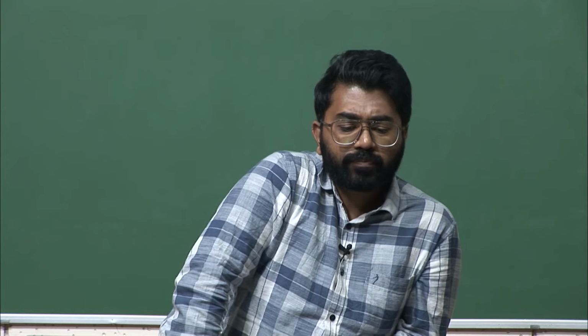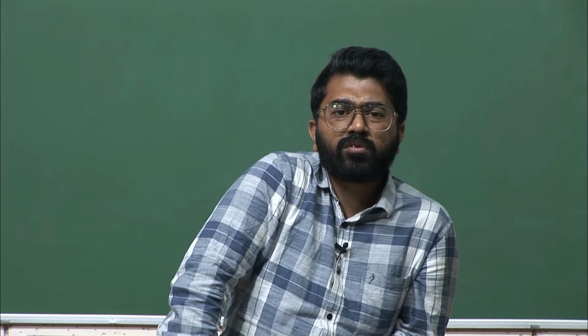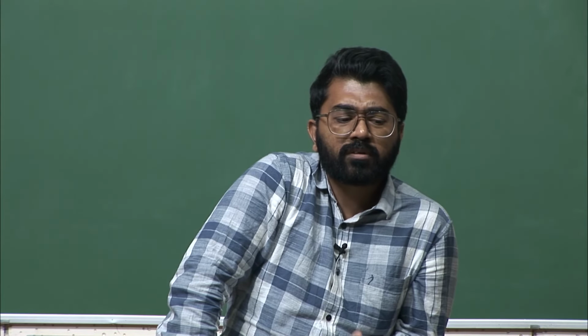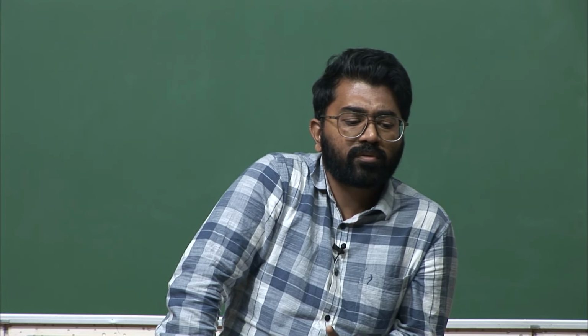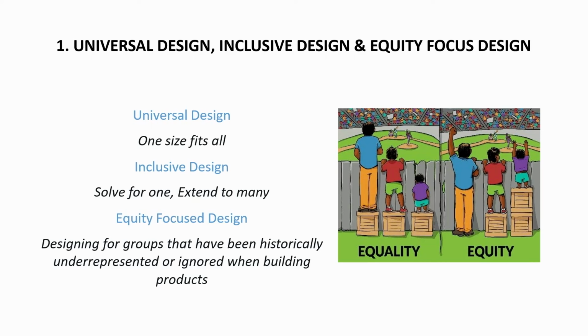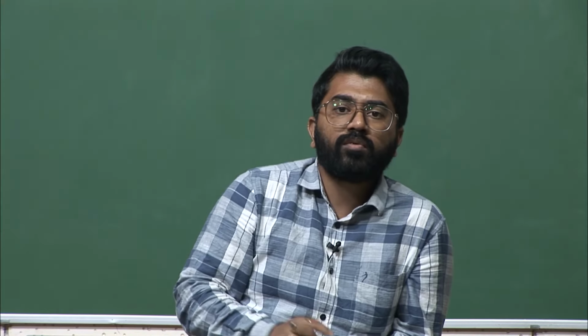Some of the important components of UX based design require these six or seven components. The first one is that it needs to be a universal design, inclusive design, and equity focused design. All of this cannot be done together, so you have to focus your product or service on whether you are trying to make a universal design.